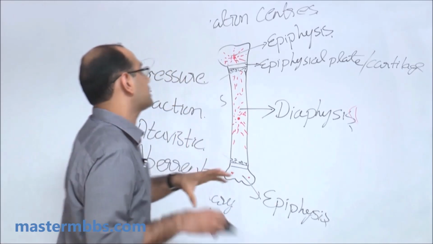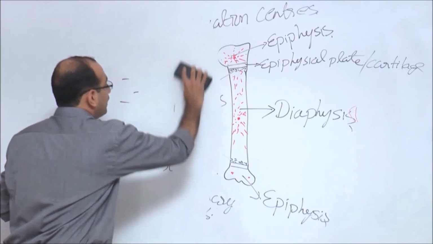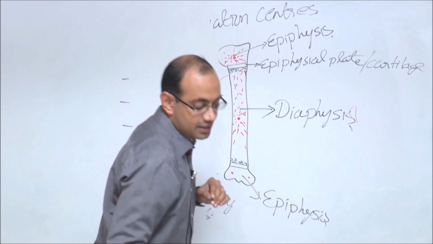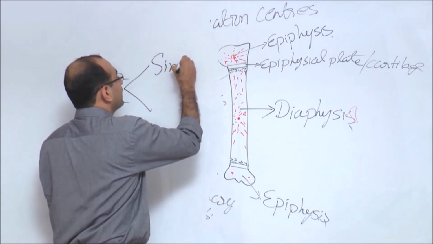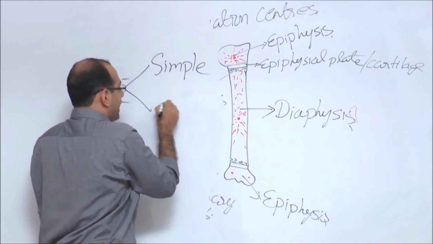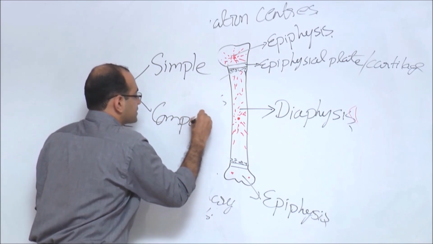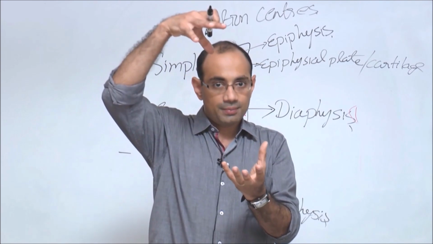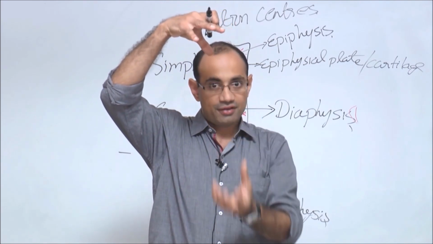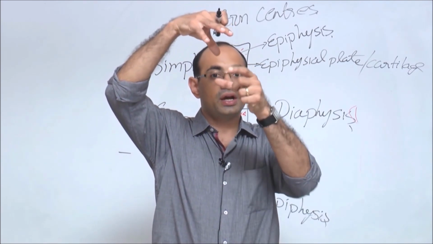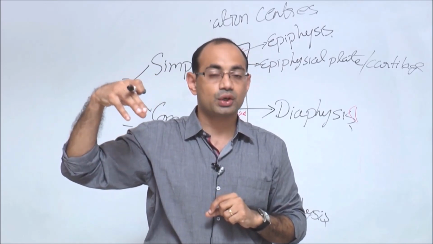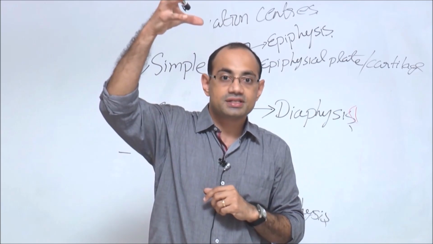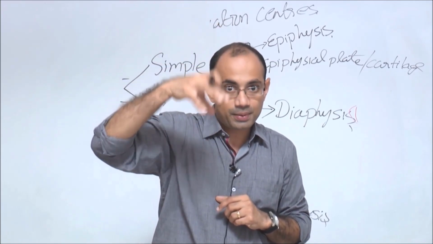There's one more classification which you should remember, and which students very often leave off. That is, what do you mean by a simple epiphysis and a compound epiphysis? For a simple epiphysis, as I already told you, you have your epiphysis, your diaphysis, and in between you have your epiphyseal plate. The epiphysis fuses with the epiphyseal plate.